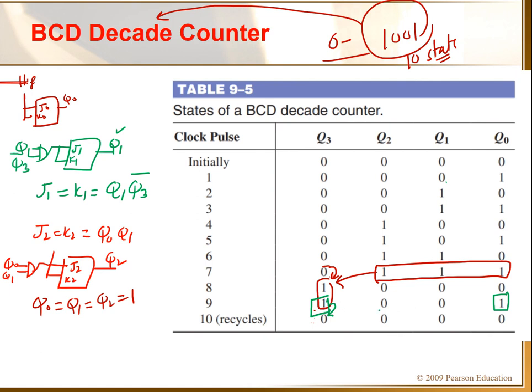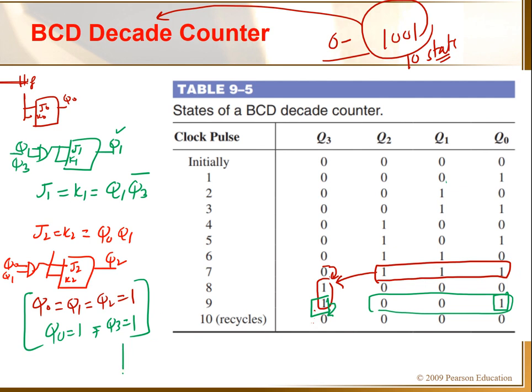That could be one way. The other way is we implement Q2 0, Q1 0 and Q0 equal to 1.